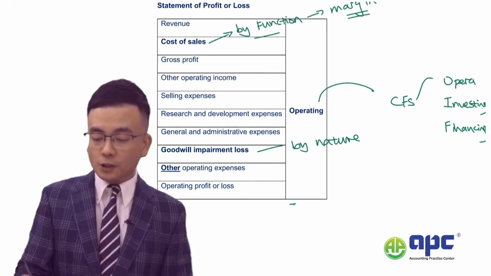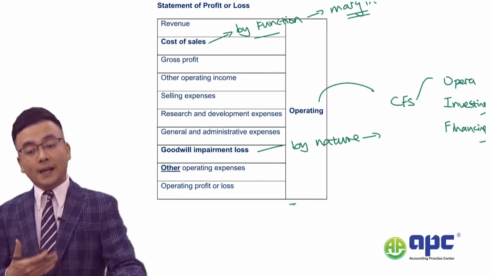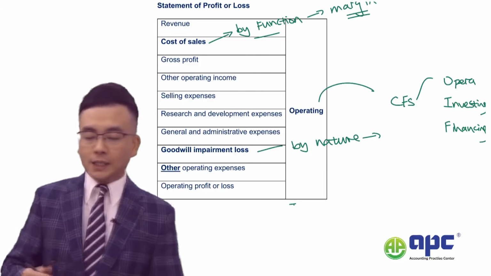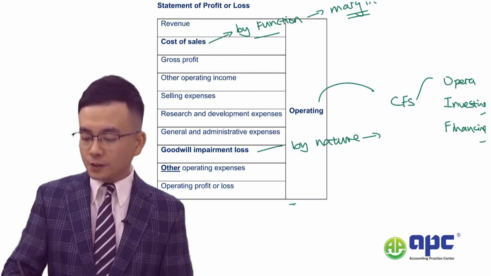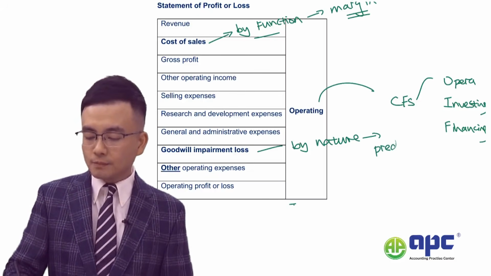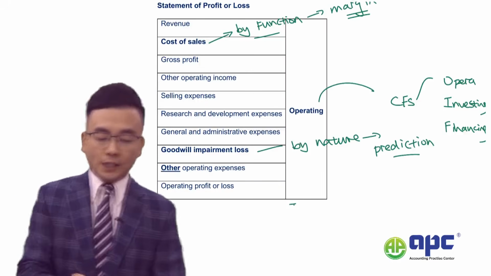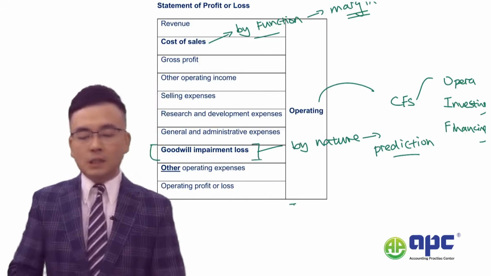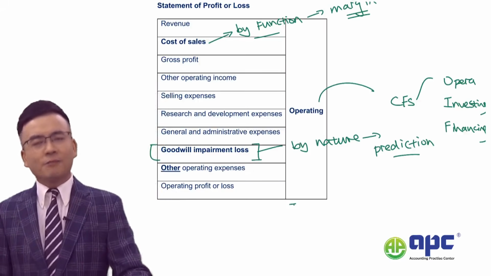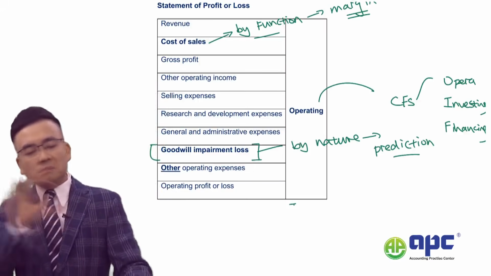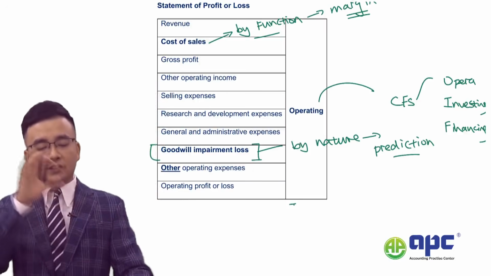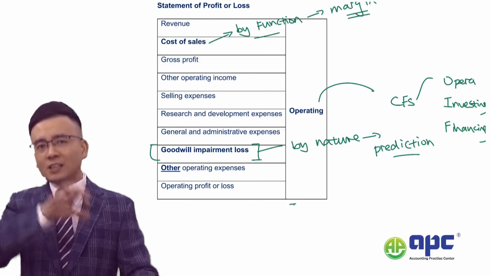Now, the advantage of preparing the P&L using the by nature way is that it is very good for prediction purposes. I mean, when investors look at, for example, goodwill impairment losses, we can observe different goodwill impairment losses in each and every period.